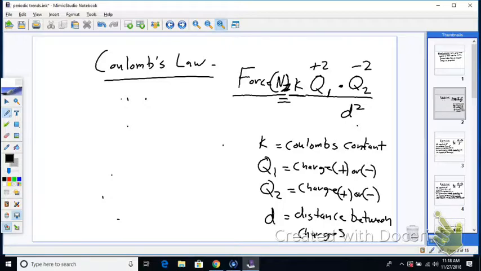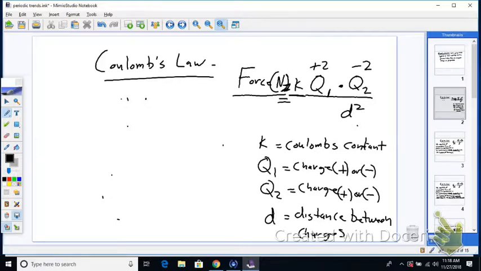And you don't say neutral. But you say a proton is positive and an electron is negative. So this could represent protons, right? And this -2 could represent 2 electrons. This could represent 2 protons. Okay, that'd be like helium.